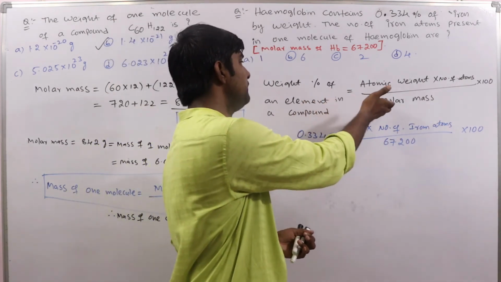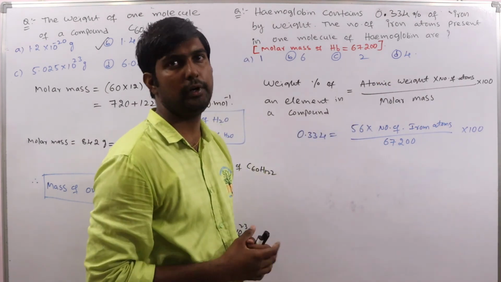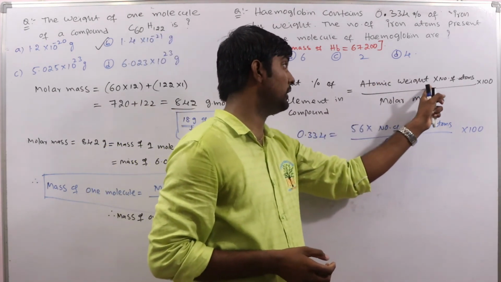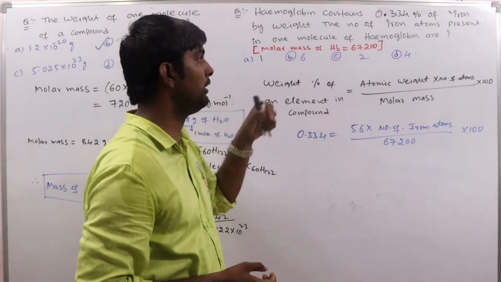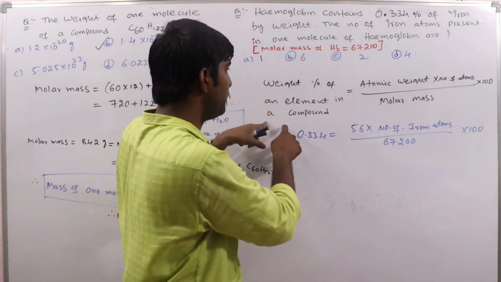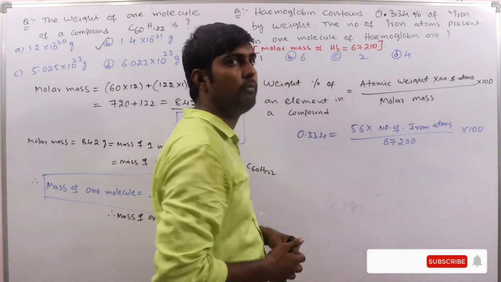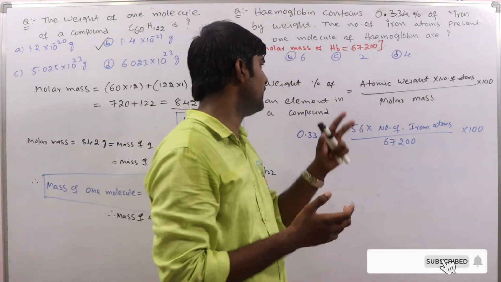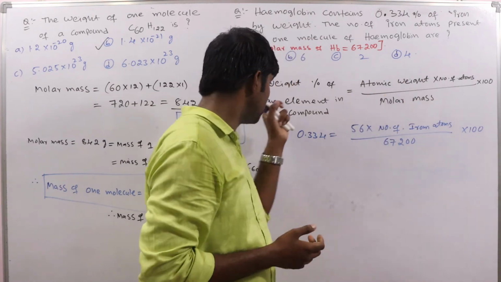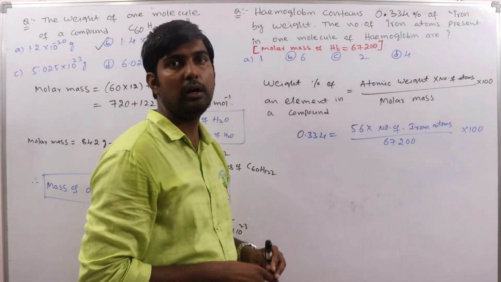If you remember this formula, the question can be asked in different ways. Sometimes they give these three and ask you to calculate the weight percentage, or this is given and we have to calculate the number of atoms. However it is asked, you can solve it. Remember this formula and know how to solve.